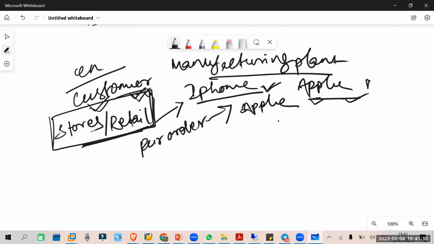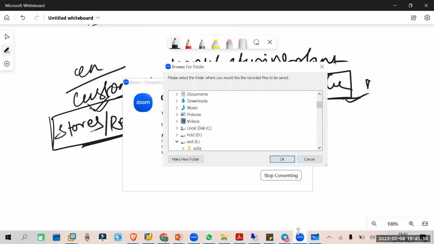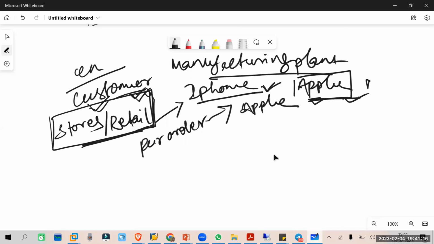Right now we are not discussing this customer part. We are the Apple manufacturer, or let's say the iPhone manufacturer. We are the Apple company. We will understand from the perspective of the manufacturing company, not from the perspective of the customer.